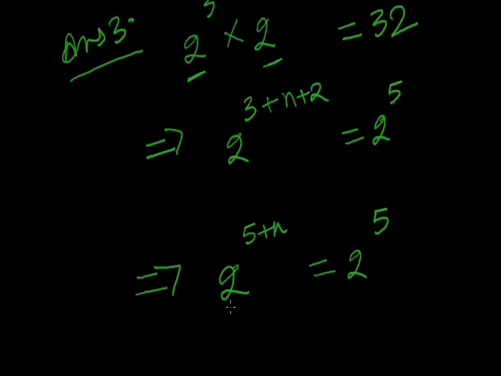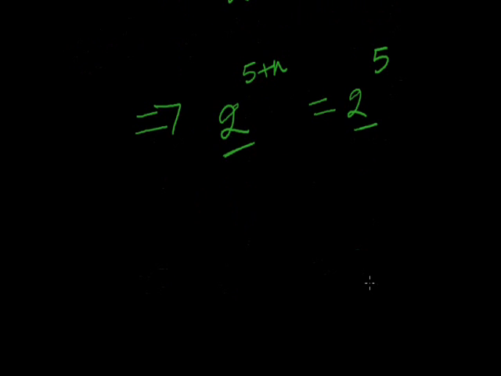As I told you in the earlier question also, when the powers are the same on the LHS and RHS, 5 plus n is equal to 5, implies that n is equal to 0.